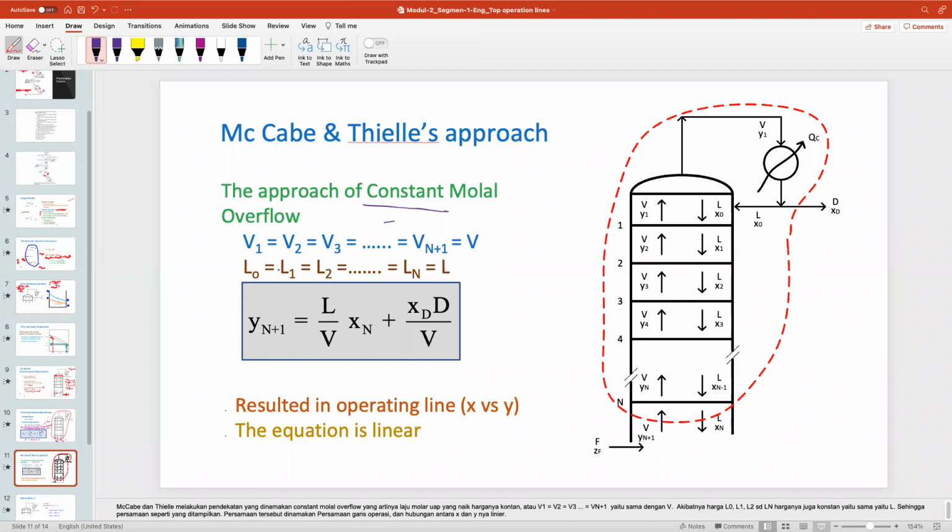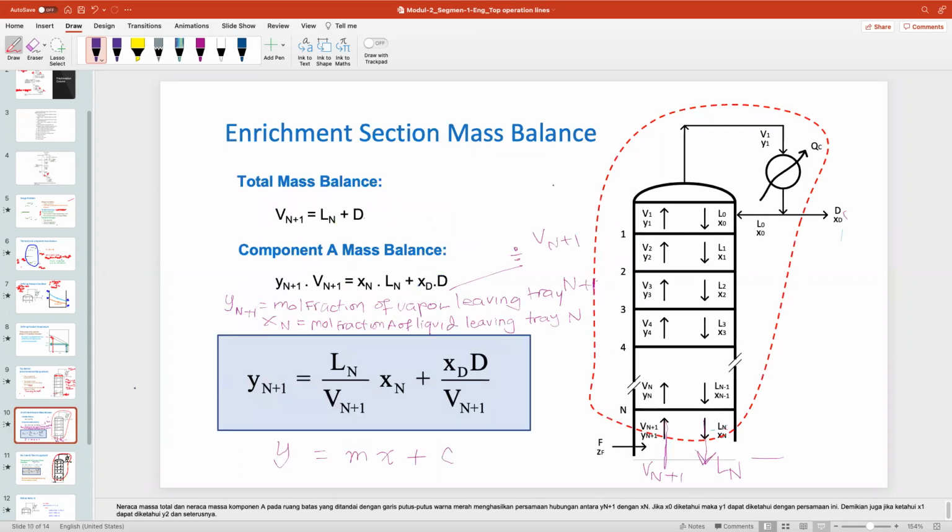The liquid also, we assume a constant molar flow. So if we go back to the previous equation, maybe you can write it out.